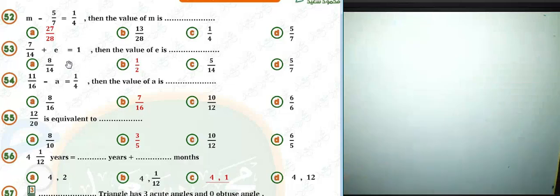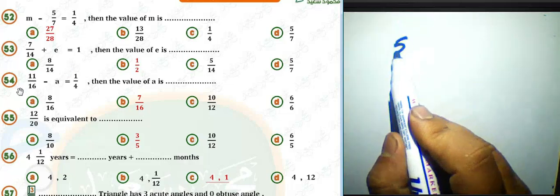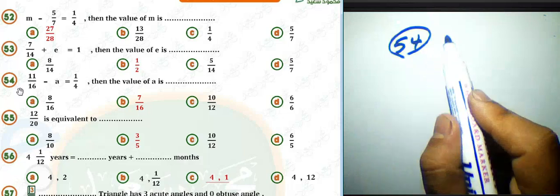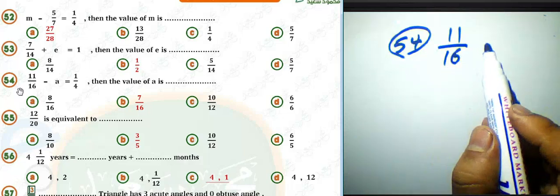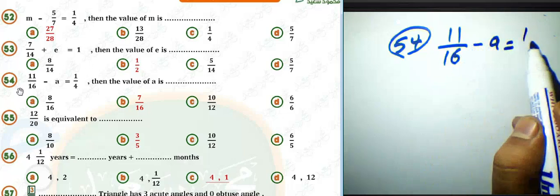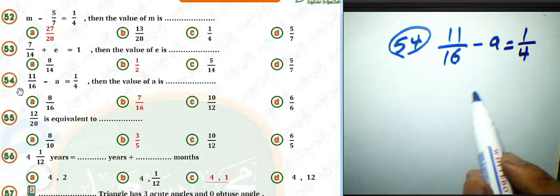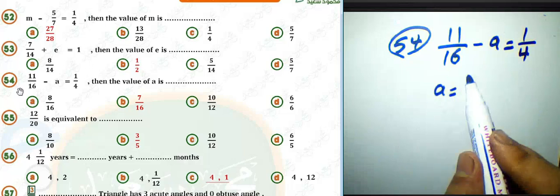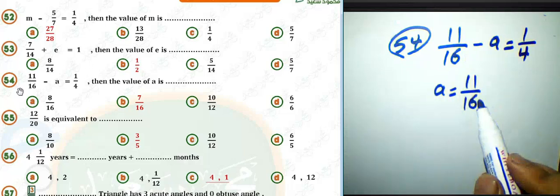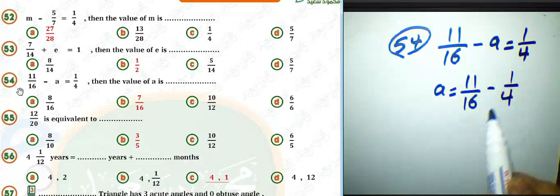Question 54. Okay, 54. 11 over 16 subtracted by A equals 1 over 4. The value of A equals what? To find the value of A, you must find the difference between 11 over 16 and 1 over 4.